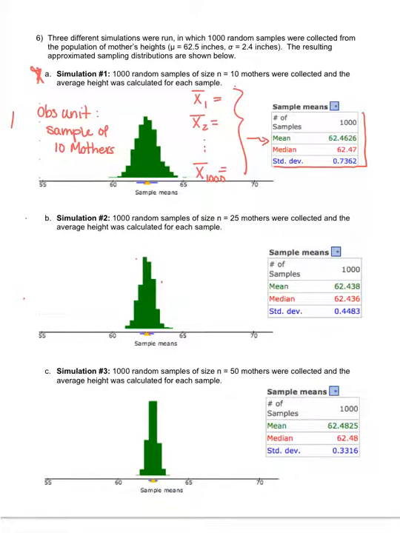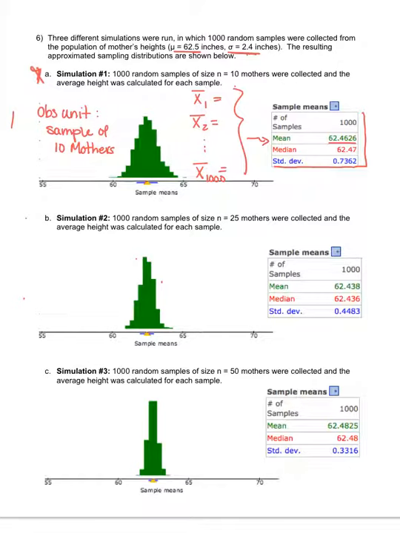Notice now our standard deviation is 0.736. It's much smaller than the population standard deviation that was 2.4. However, we also can notice that the mean at 62.46 is really very similar to the population mean. So that's our first simulation.